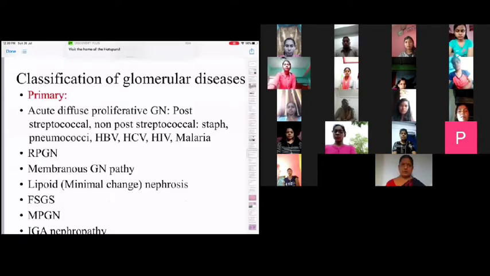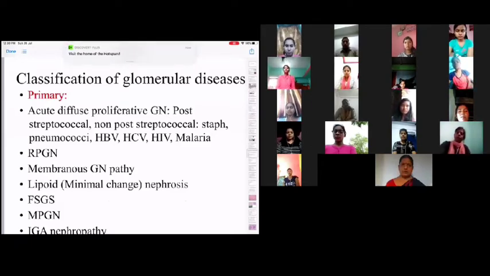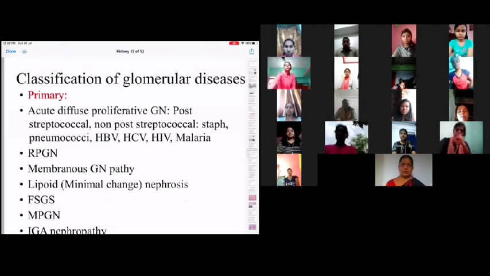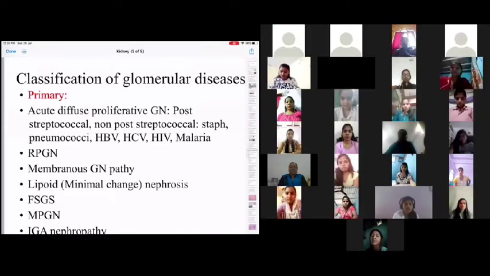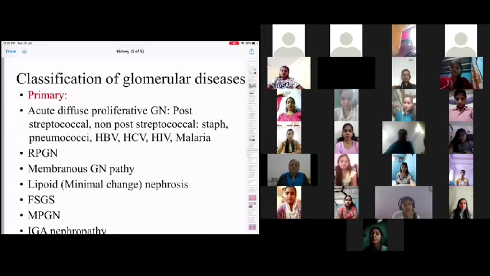Here streptococcus is a gram positive coccus bacteria. It may be non-post streptococcal also, maybe staph, pneumococci, hepatitis B virus, hepatitis C virus, HIV, and malaria. These are also causes of primary glomerulonephritis. Second is RPGN, rapidly progressive glomerulonephritis.